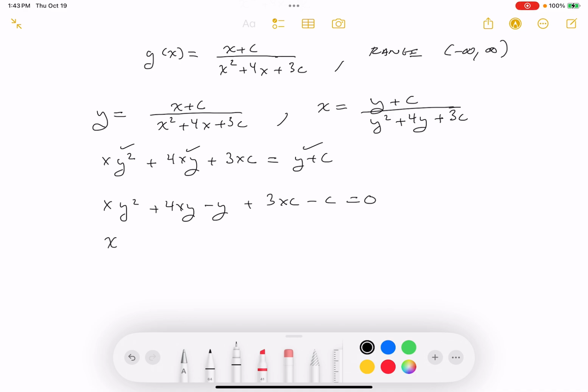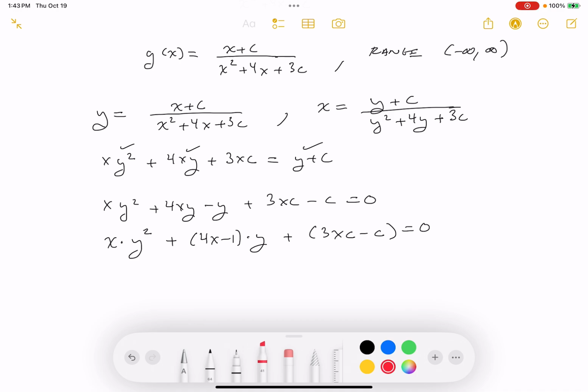I'm going to say this is x times y squared, and then plus 4x minus 1 times y plus 3xc minus c equals 0.